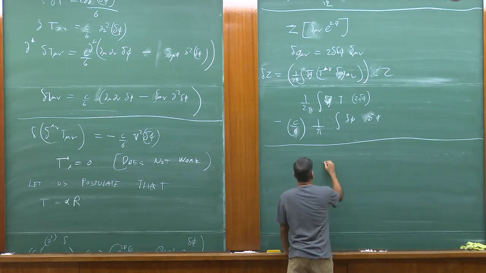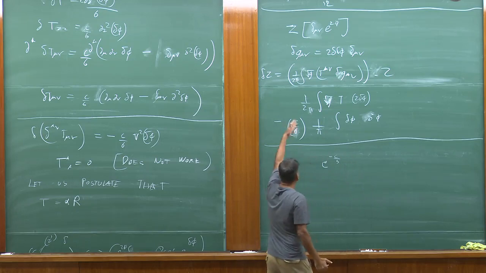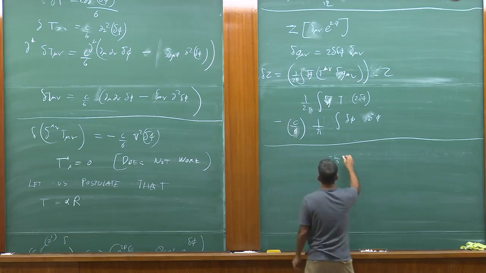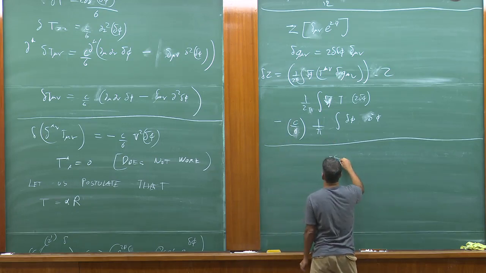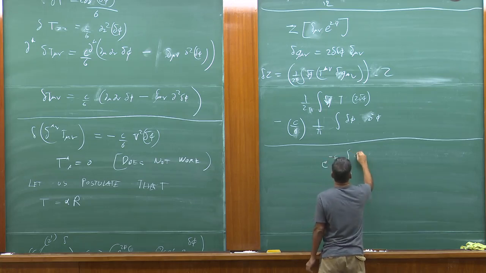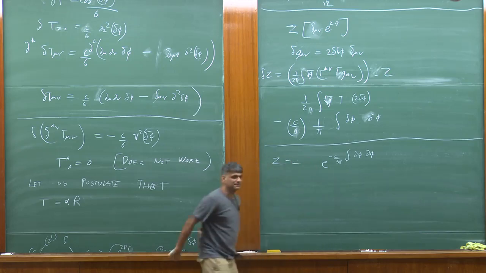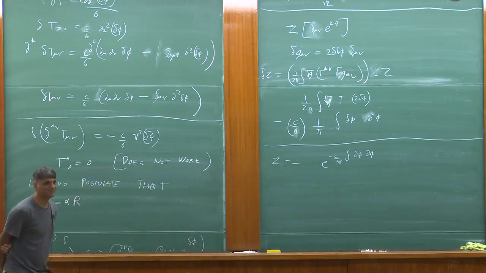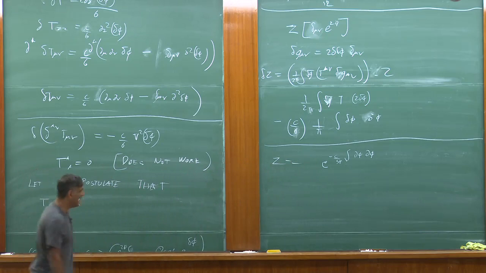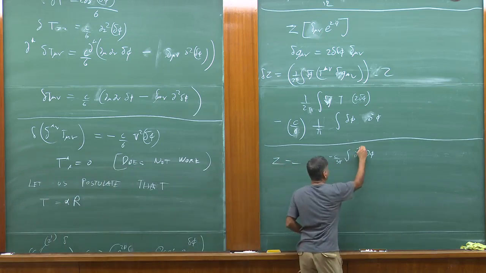Suppose we write e to the power minus c by 3, I'm writing a minus to obey all my signs, though I'm not guaranteeing any of those are right, c by 3 pi integral del phi del phi. Z is equal to this. This del is contracted with the metric delta: del A phi del A phi.